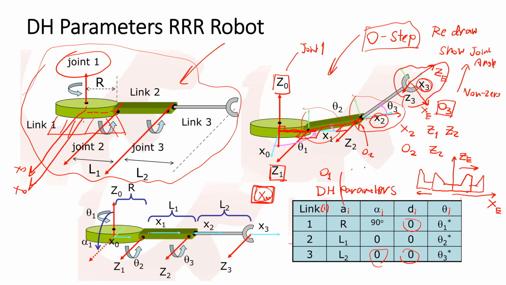is the distance between the axis Ci minus 1 and the axis Ci, measured along Xi minus 1.